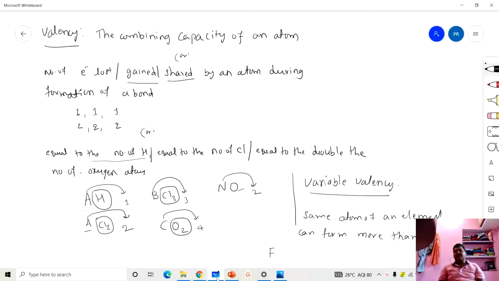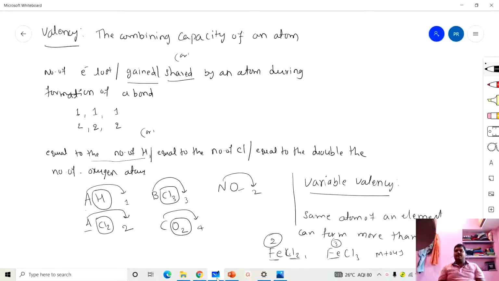For example, iron forms FeCl2 and FeCl3. So equal to the number of chlorine atoms, iron valency here is 2, and here iron valency is 3. Which is the lower? The metal name plus ous. Which is the higher?